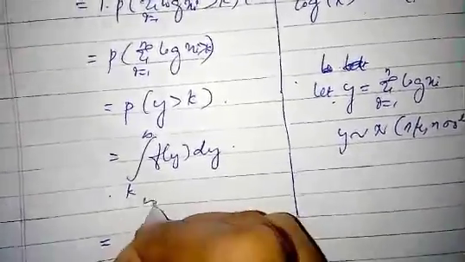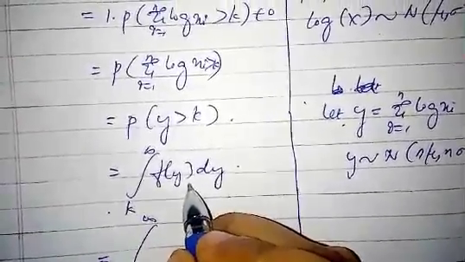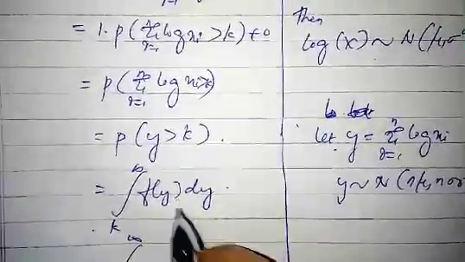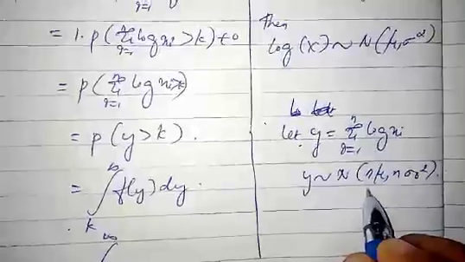What is f of y? So f of y is the PDF of normal n mu and sigma naught square.